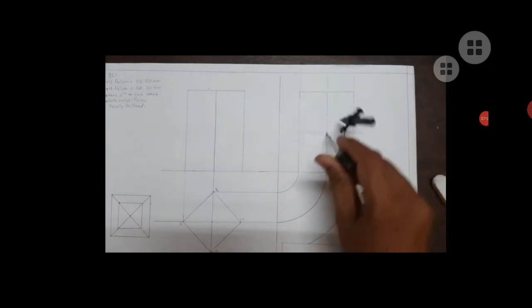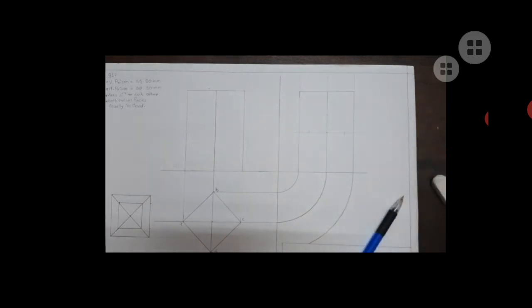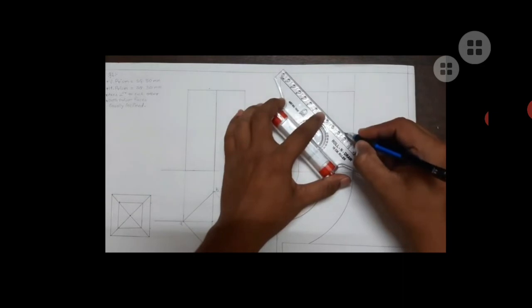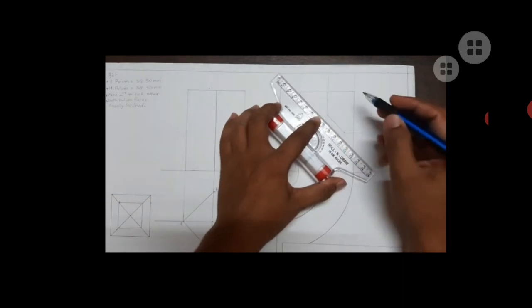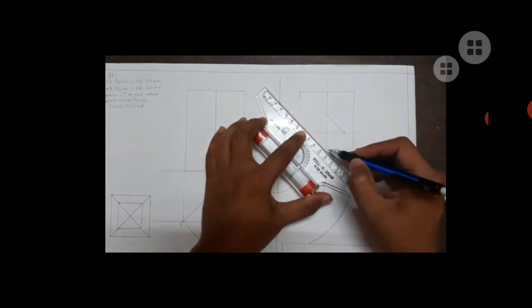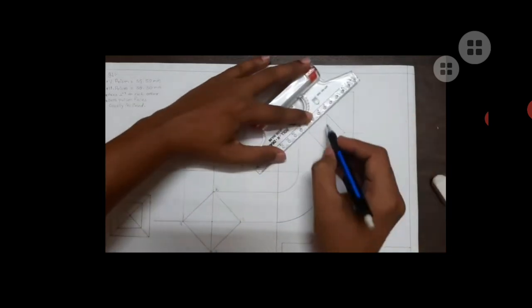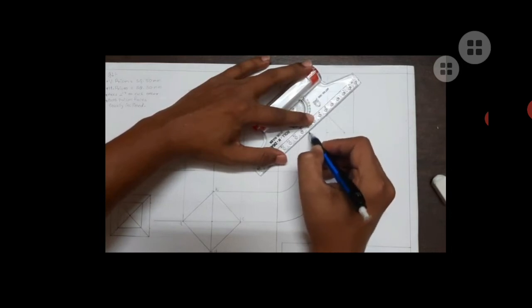So mark these points and join these points. Join all.